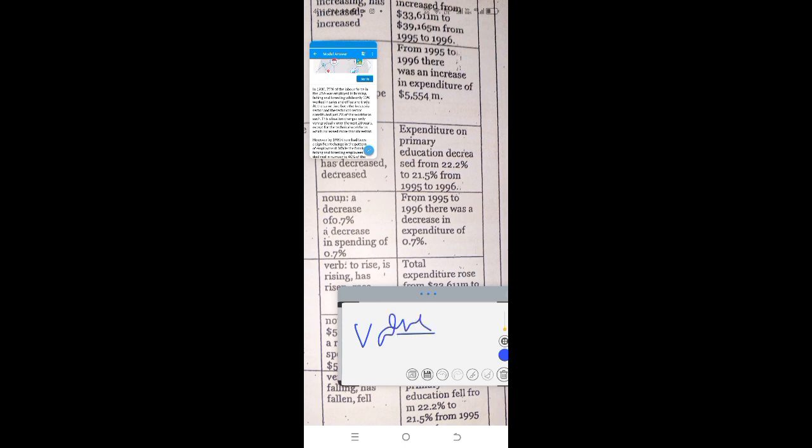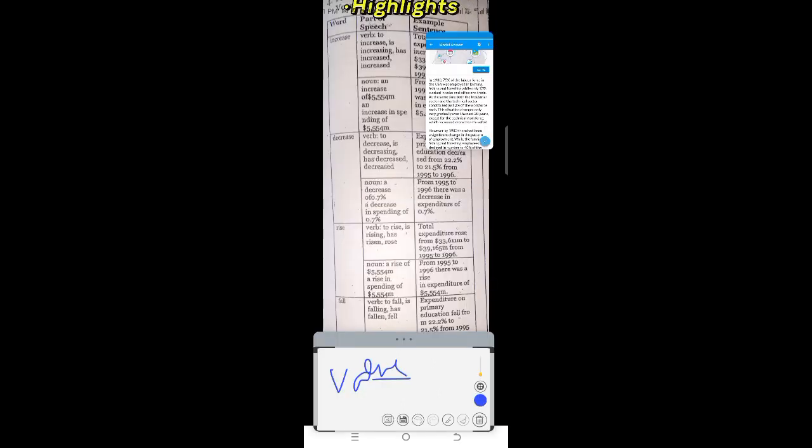First, expenditure on primary education decreased. Primary education is the category, from this percentage to this percentage, from this year to this year. So you can clearly see that you are basically managing this like this. So these are the examples.